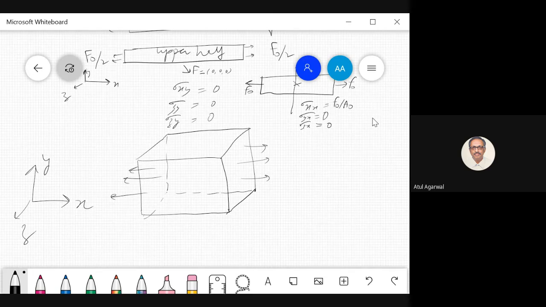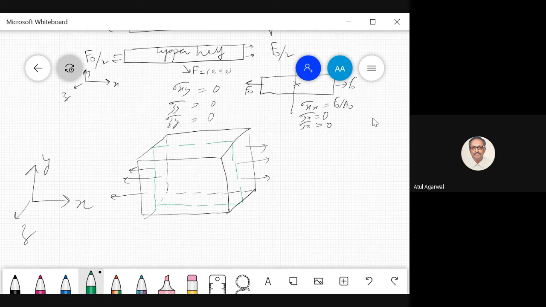Now what I do, I take a plane like this. Now I want to see the effect of the front half on the back half or the back half on the front half.